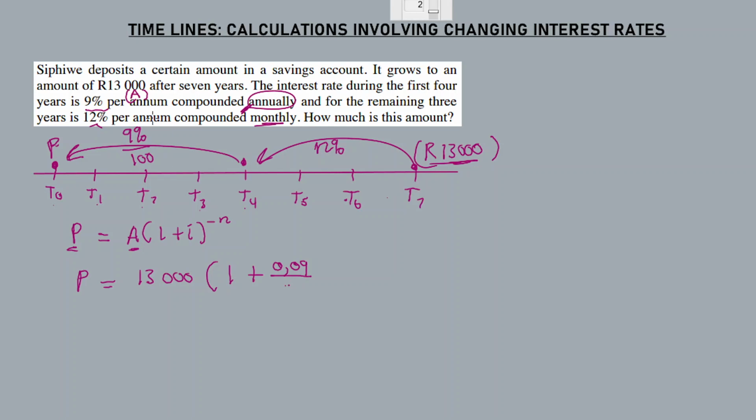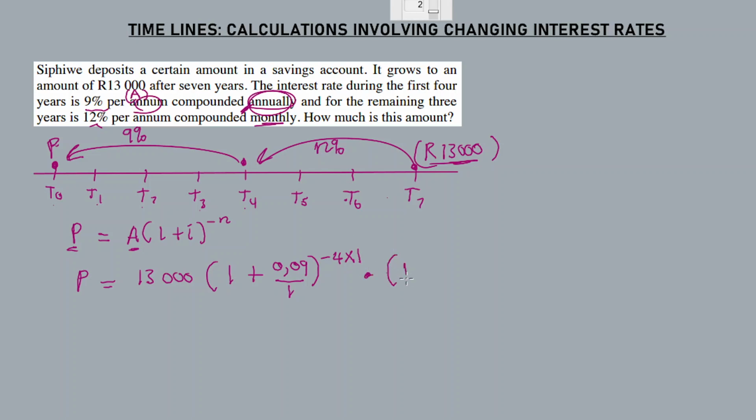In per annum compounded annually, we don't divide by anything, so n is minus 4 years, or we can say we divide by 1, because in an annum there is only one annum.